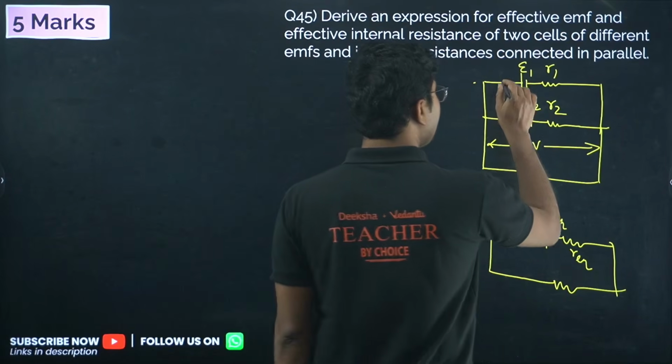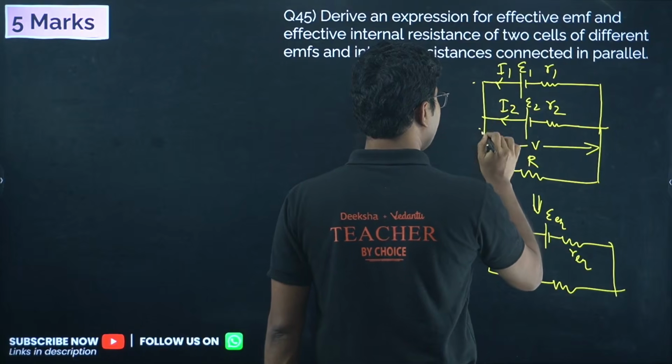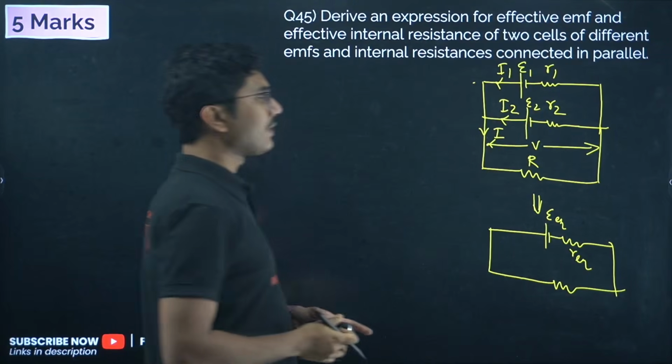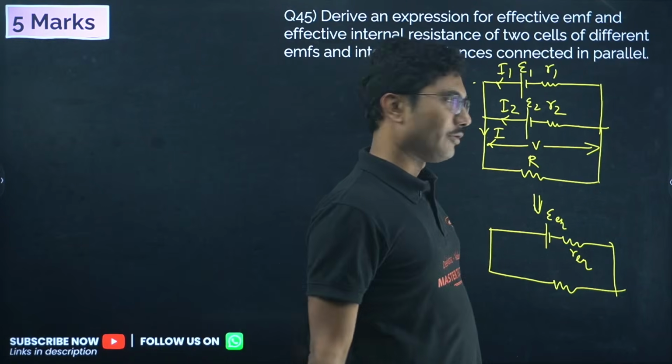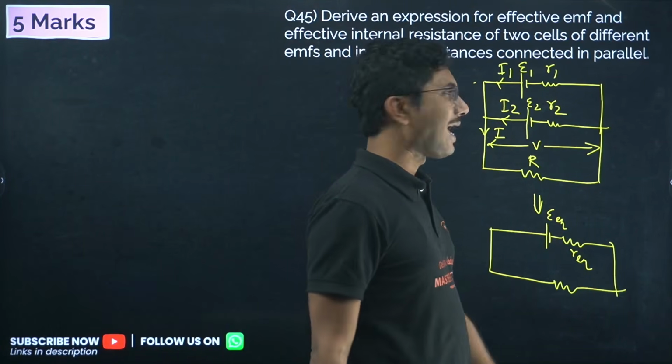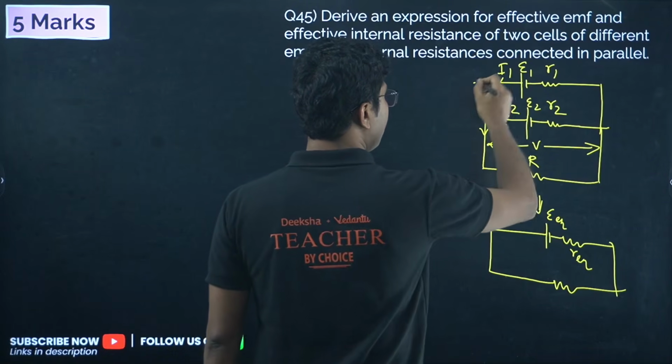Now suppose the current through this branch is I1, the current through this is I2, and the total current is I. If somehow we can find I1 and I2, we can find the voltage V. So our target is to find I1 and I2. First we will use the outer loop.